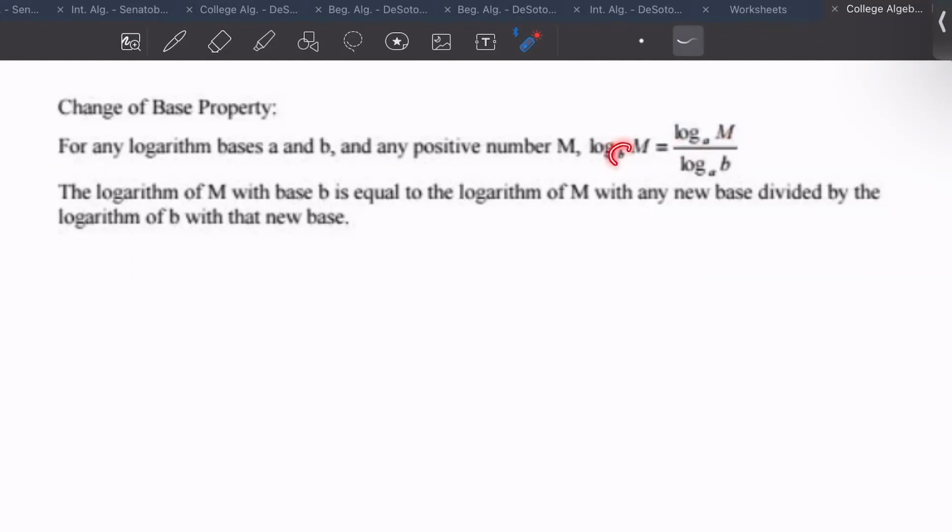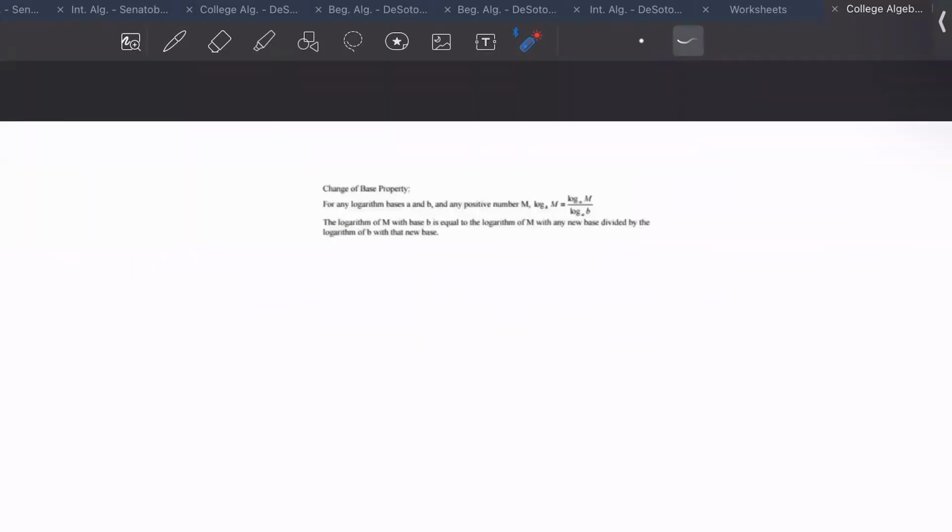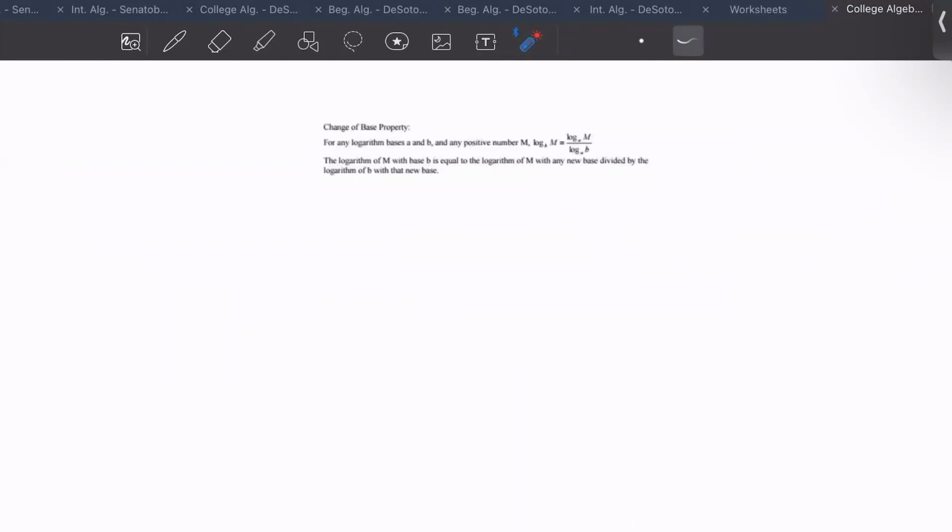So your base becomes what you're taking the log of over here. This is saying that the logarithm of m with base b is equal to the logarithm of m with any new base divided by the logarithm of b with that new base. That was a lot of words. Let me show you what I mean.